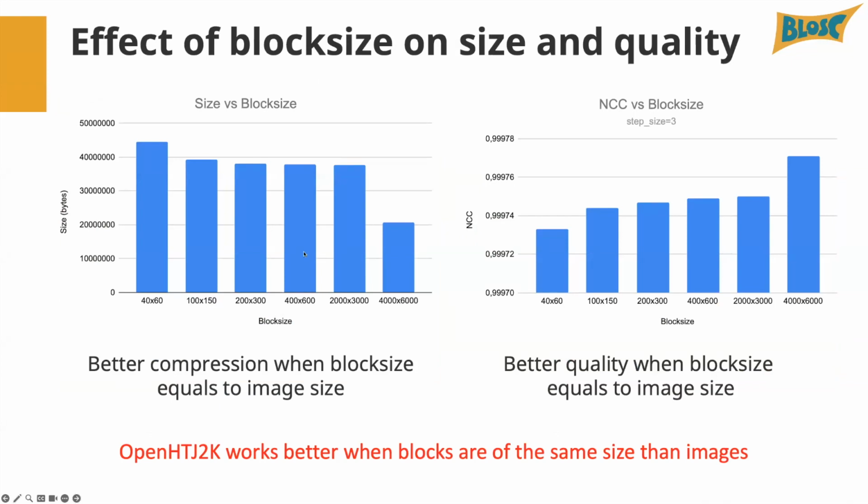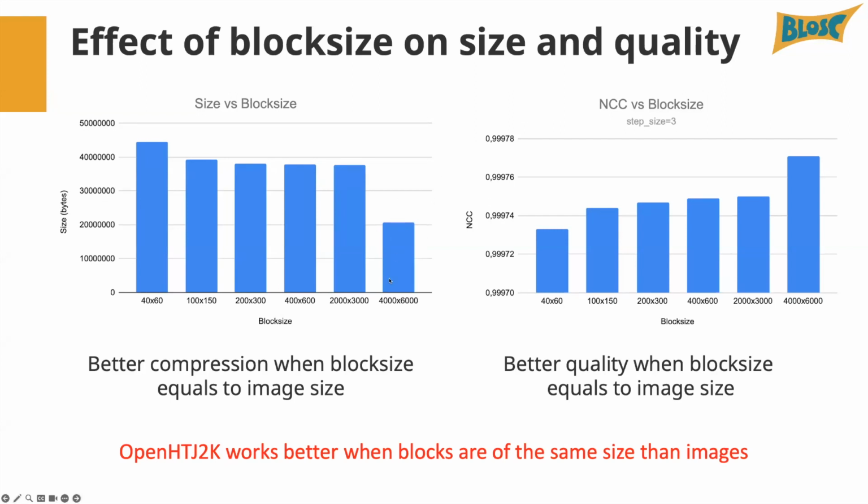So also, it will be interesting to see the effect of the block size on quality. As you know, Blosc supports what is called the second partition, which is called the blocks. And if we use this second partition for splitting the original image, we can see that we find the best compression ratio when we match the block size with the image size.